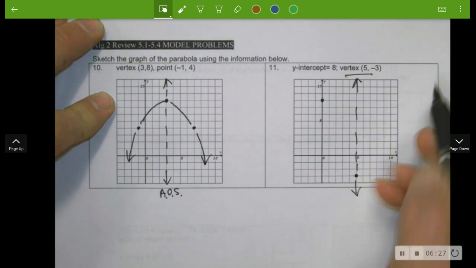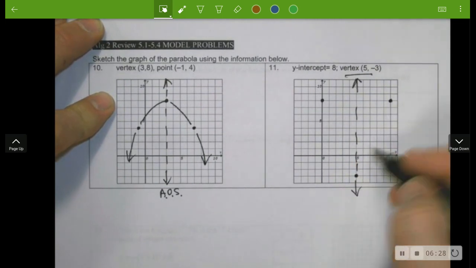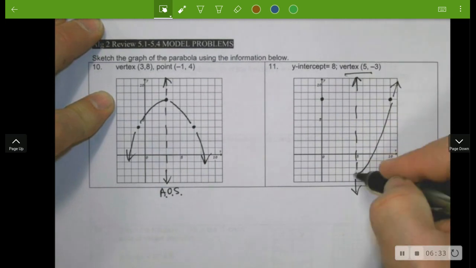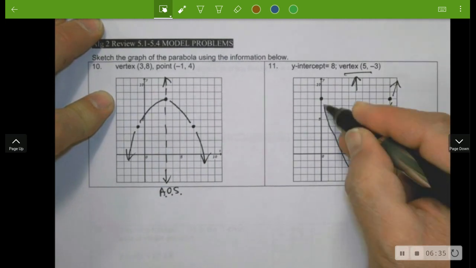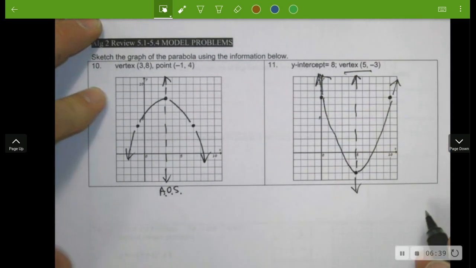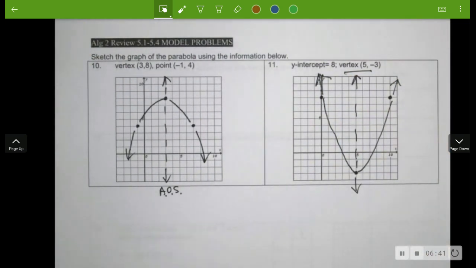So I just come over here 5 on the other side, and I draw my sketch through there. Kind of missed a little bit there. See if I can do better on that side. And there's my kind of wonky looking parabola through those 3 points.